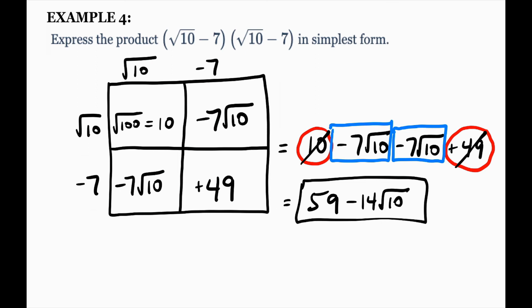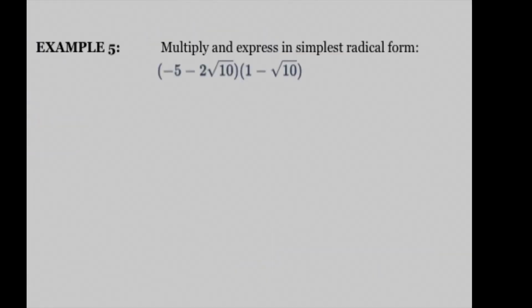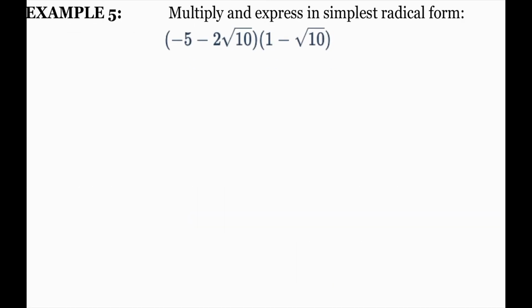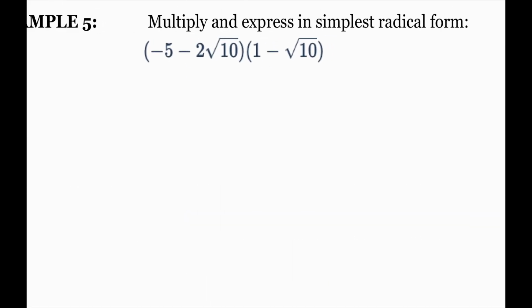All right, let's try the next one, number 5. Before we multiply, this one's got two terms. The first one's got a -5, and then this one is one term here. 2 is the coefficient, 10 is the radicand.